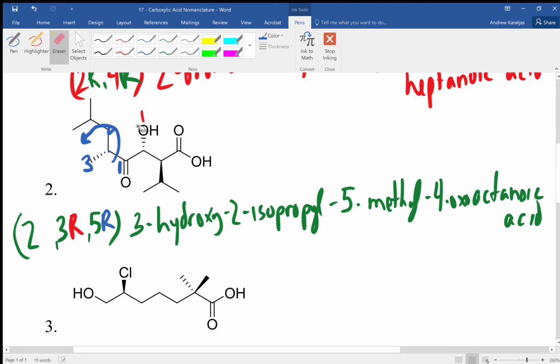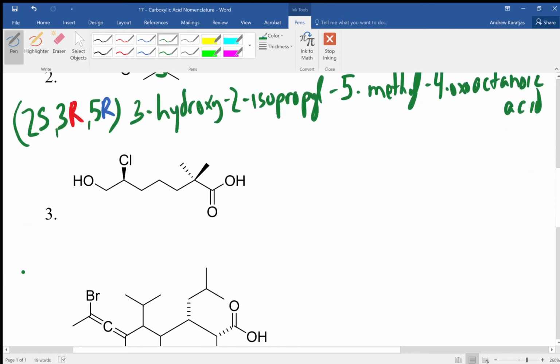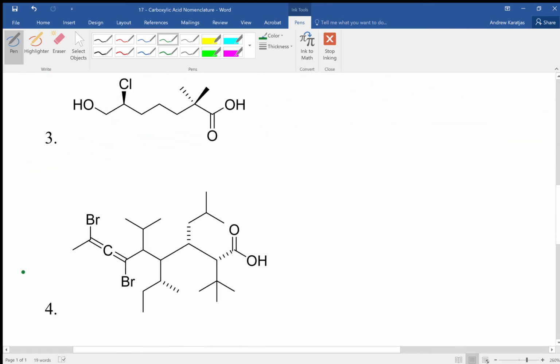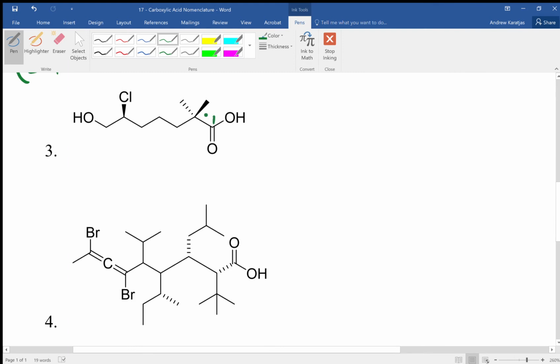And finally at carbon 2, we have first priority, second, and third. Arrow goes counterclockwise, but because the low priority group, the hydrogen, points back, we keep it as is for 2S. Alright, number 3.